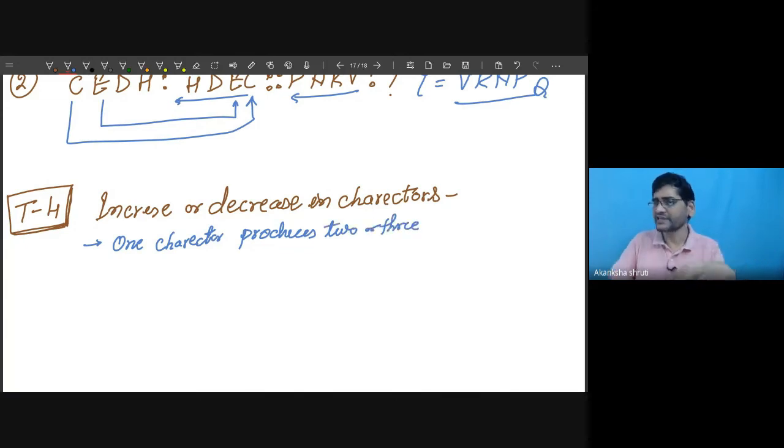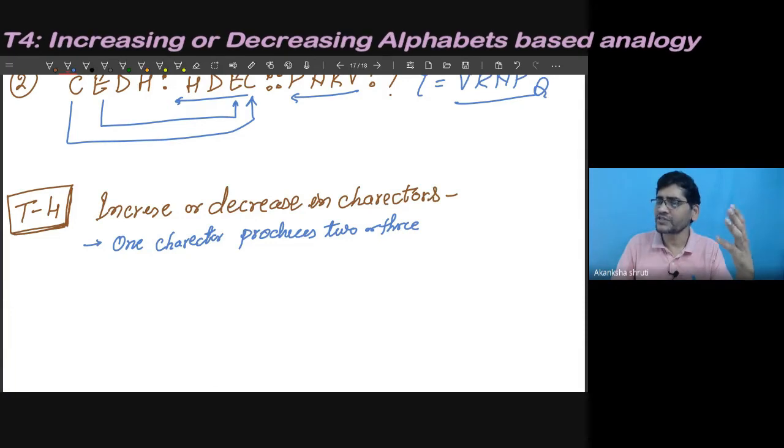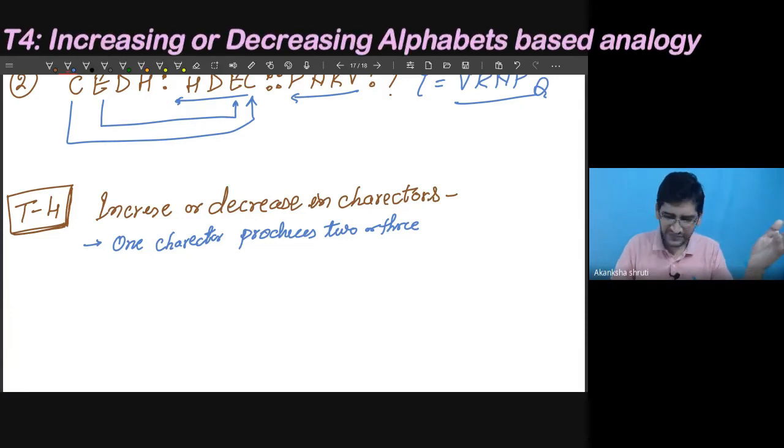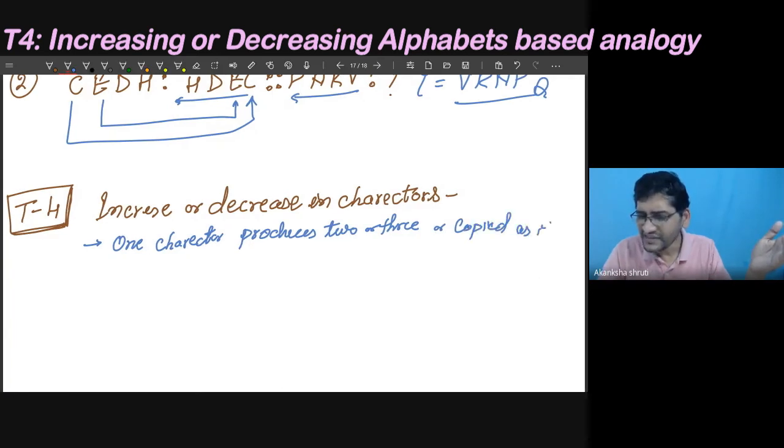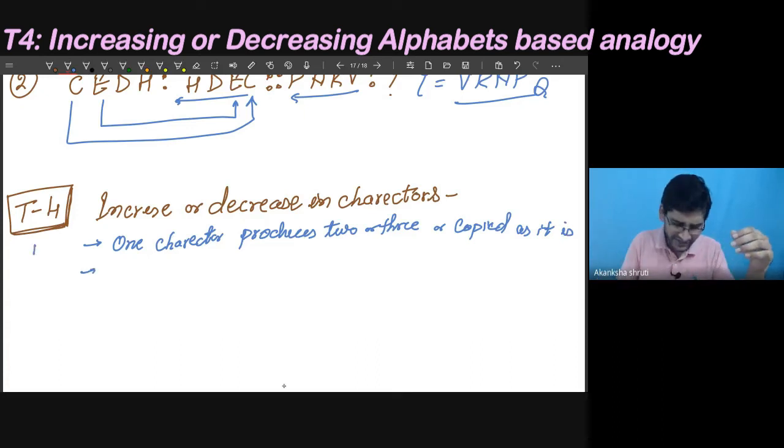If the character is directly tripled, then each of them is producing 2 or 3. Some may be producing 2, or some may be producing 3, or some may be copied as it is. Or the other way, if it is the decreasing one, how it is shrinking or how they are collapsing.